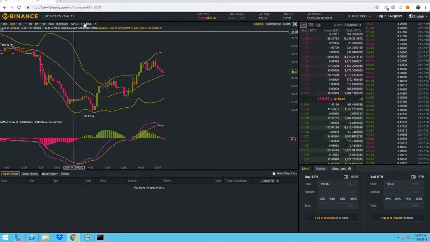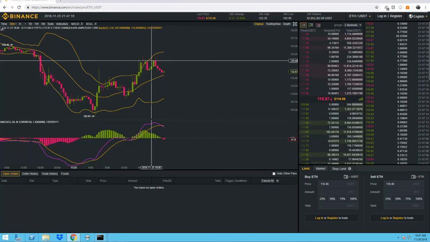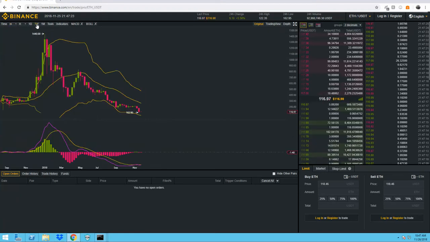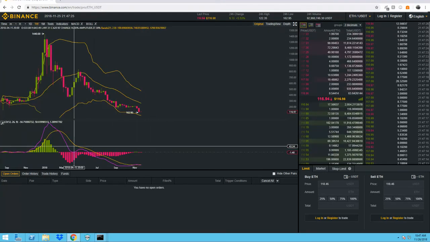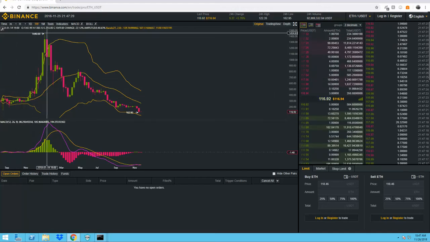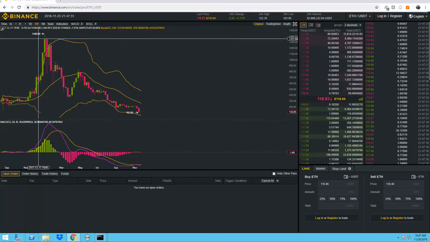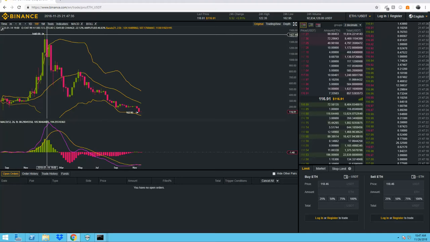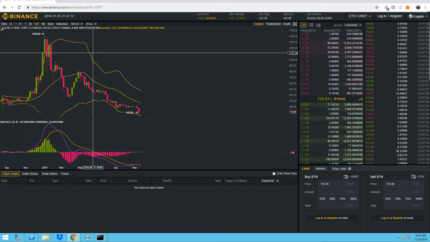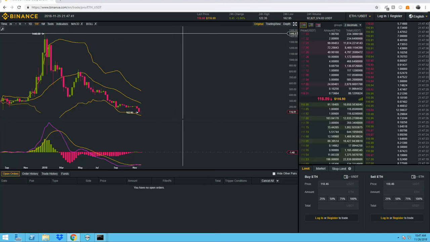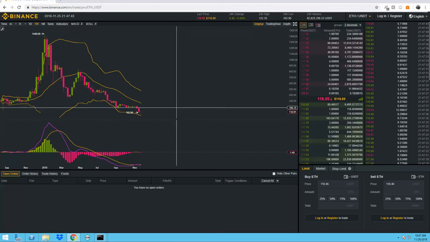Let me give you an idea here. This is Ethereum on the 30-minute chart. I'm going to go with the 1-week chart. Right now, know that Ethereum was the fastest to ever rise as high as it did in the shortest period of time, and it had reached $1,440 at its height, and it's expected to reach that again. It's going to be up here, and it's probably going to go even higher.